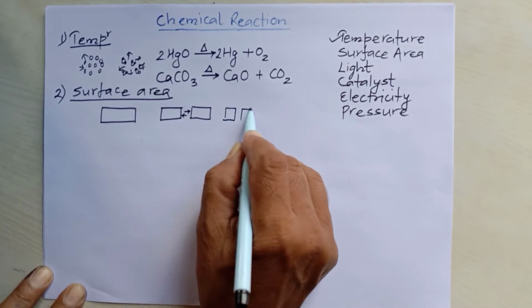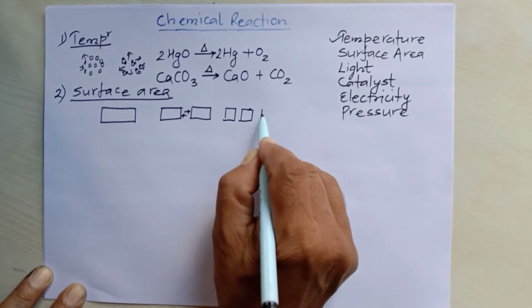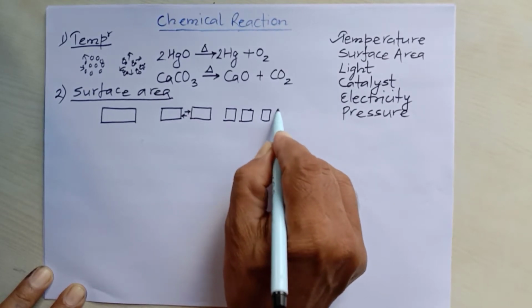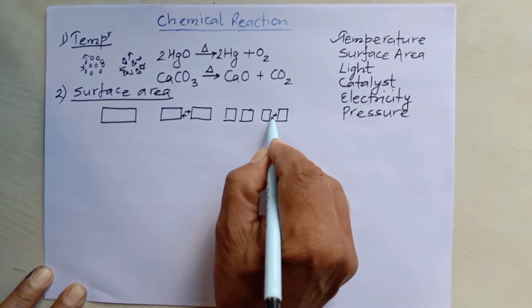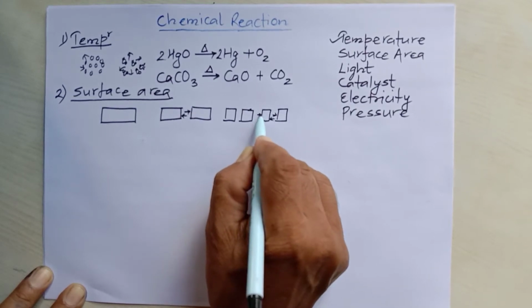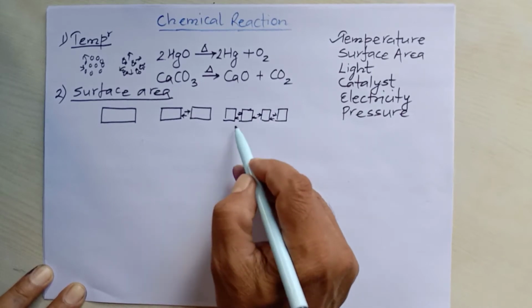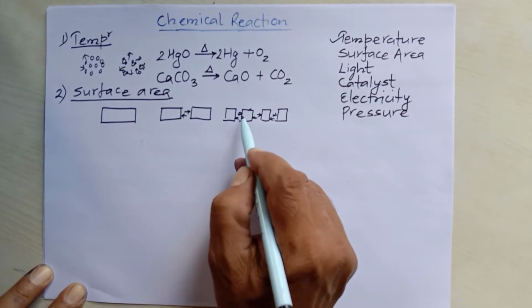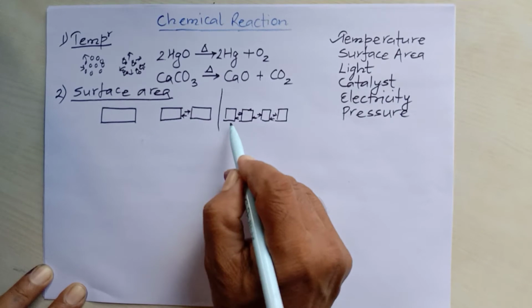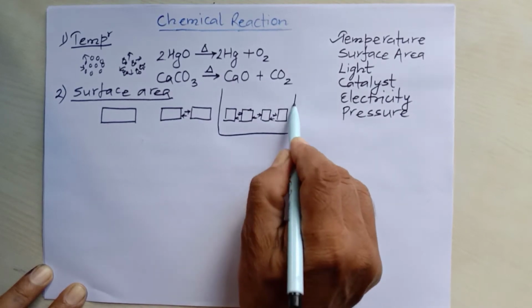We have 4 pieces. Look at this. Now these are the new surface areas. This is new, this is new. It means more molecules come in contact with the substance they are reacting with.